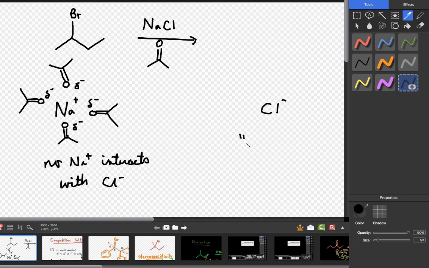We call this a naked nucleophile. This greatly enhances the strength of the nucleophile, which is positively correlated with increasing the rate of an SN2 reaction. It will have no effect on an SN1 reaction. So we use the solvent system to discriminate between SN1 and SN2 when we have a secondary substrate.